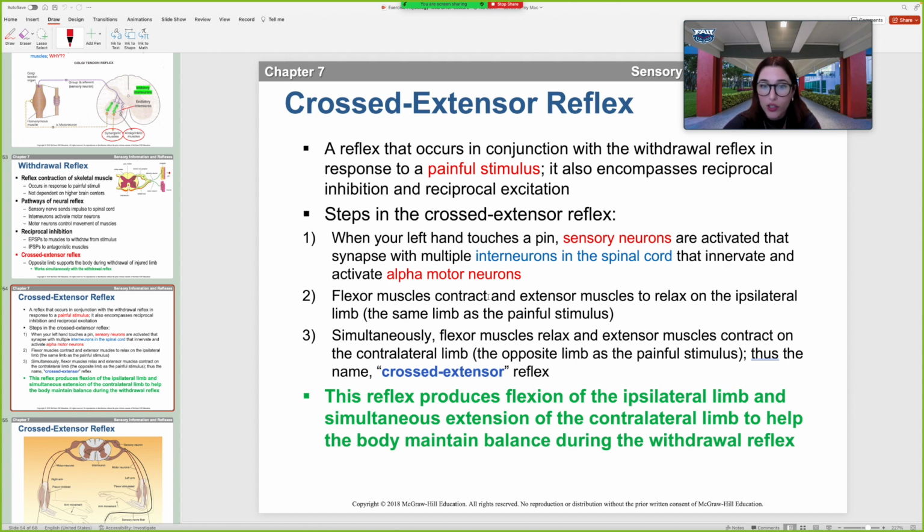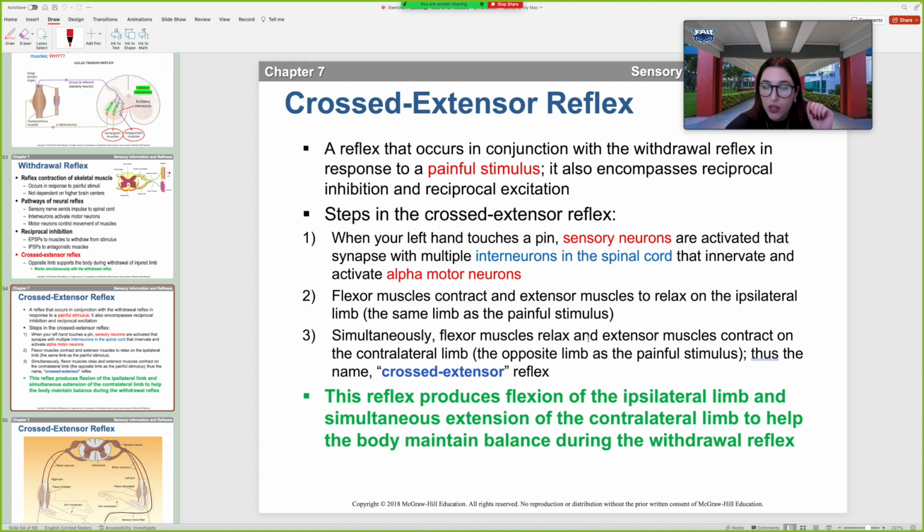Flexor muscles contract and extensor muscles relax on the ipsilateral limb, aka the same limb as the painful stimulus. The contralateral limb would be the opposite one. Okay, so ipsilateral is the one that's experiencing the painful stimulus.